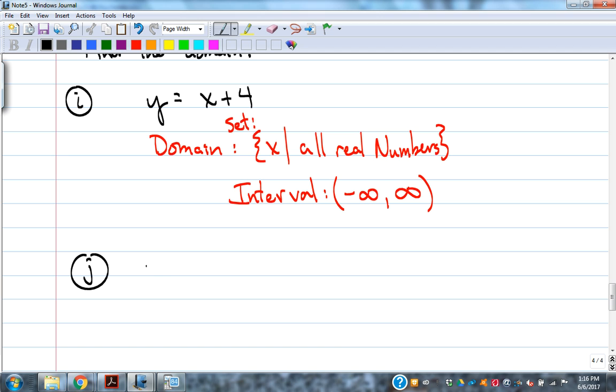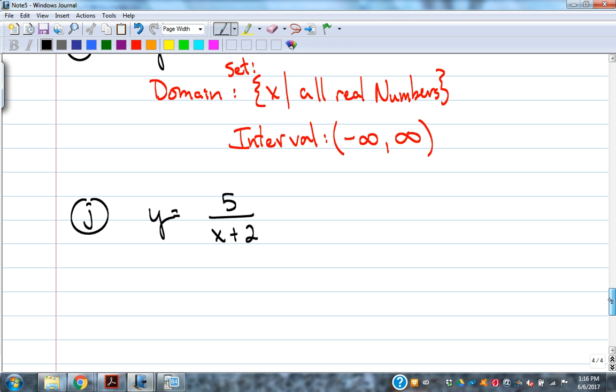Let's look at this one. Are there any red flags with this one? Yeah, there's a red flag right there on the bottom. Got an X in the denominator. That's a problem. What's the only number that we can never divide by?